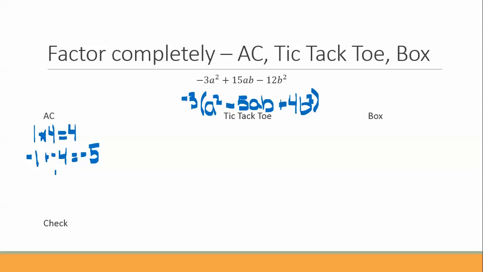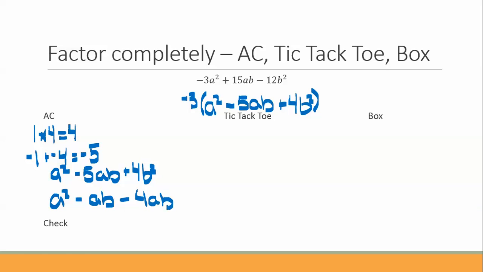So then we split the middle term. We have a squared minus 5ab plus 4b squared. That splits, and we have a squared minus ab, because that's the variables in the middle term, minus 4ab plus 4b squared.